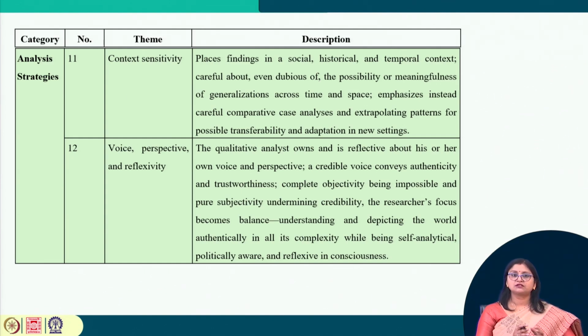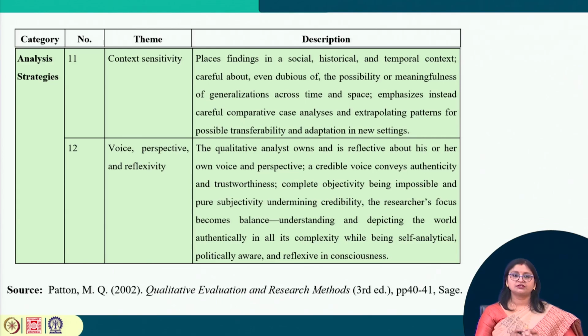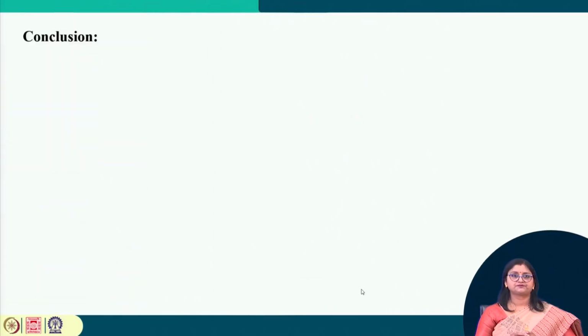The researcher's focus becomes balance, understanding and depicting the world authentically and in all its complexity while being self-analytical, politically aware and reflexive in consciousness. So, this whole table was taken from Patton, 2022, and you can go through pages 40 and 41 and find this similar table.